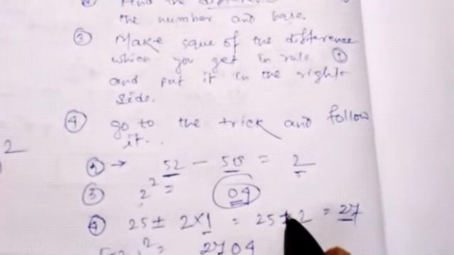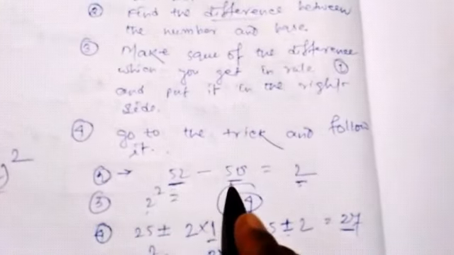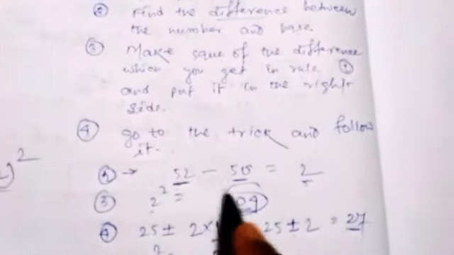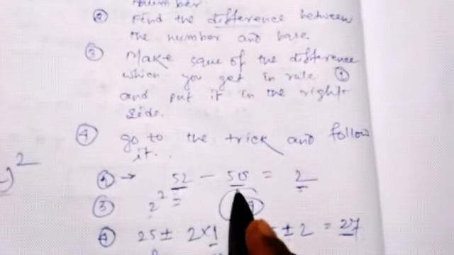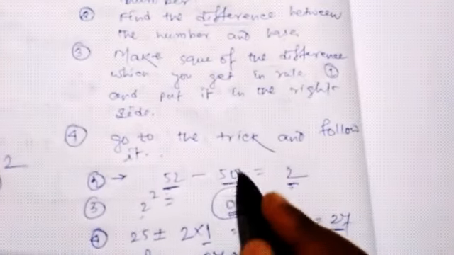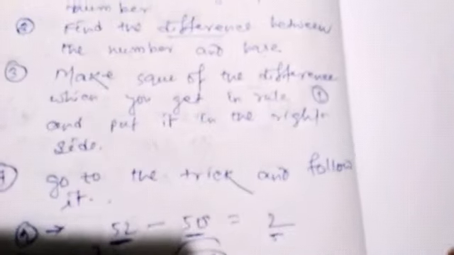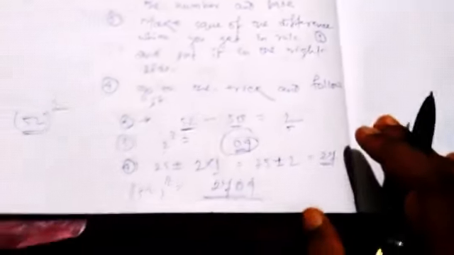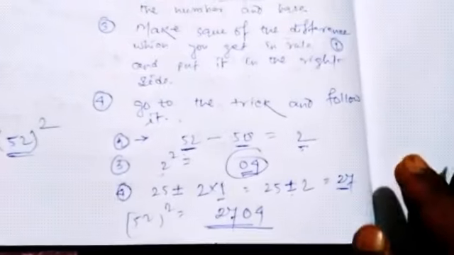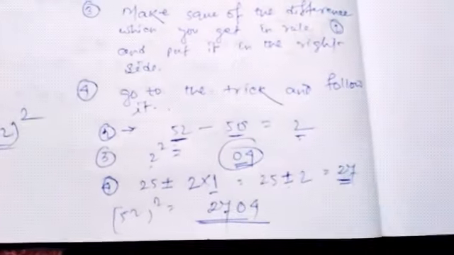We have taken plus sign because the number was greater than the base. If the number is greater than the base, then we take plus sign. If the base is greater than the number, then we take minus sign. Very simple. So the square of this should be 27, then 04.